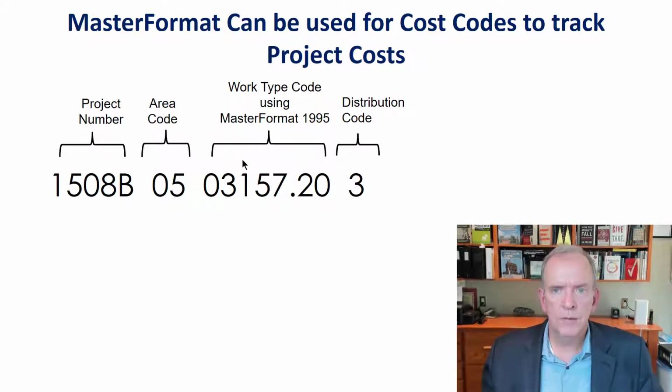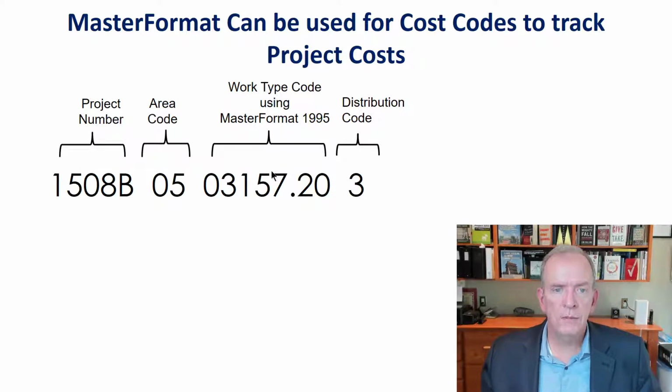So you can use MasterFormat for cost codes, and so you'd have your project number that would be unique to your company that you've established, job number, maybe based on area, maybe a number based on the manager, project manager for the project, an identifier, right? So then you know that these codings are coming under that.